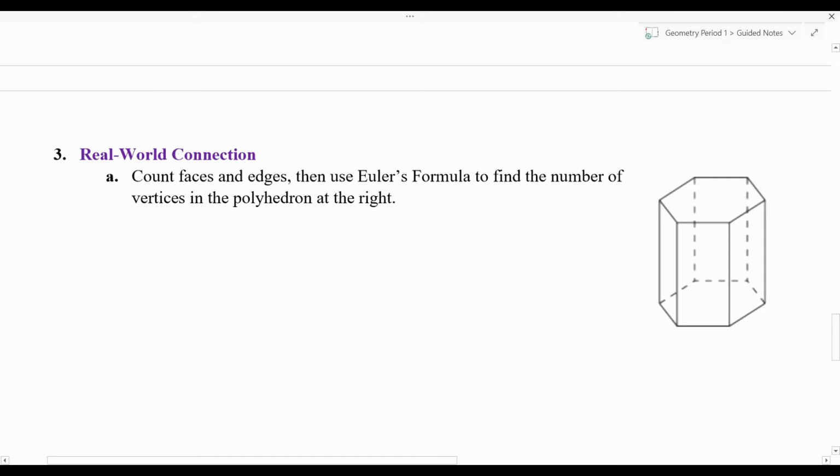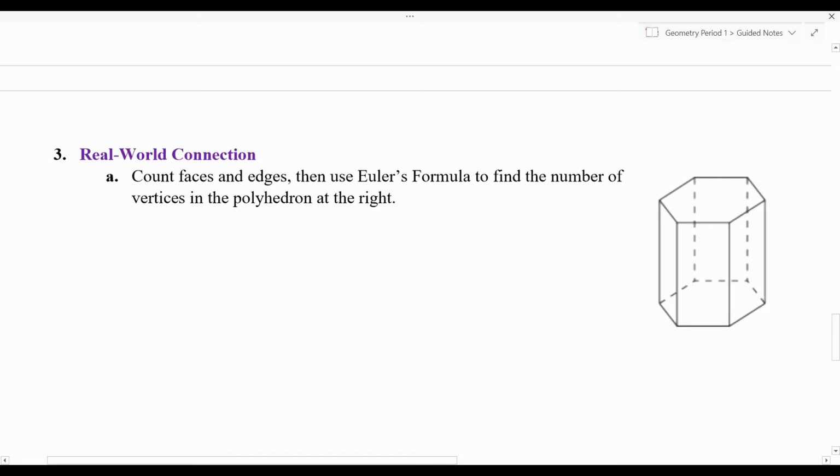All right. So it says, count faces and edges, then use Euler's formula to find the number of vertices in the polyhedron on the right. All right. So let's take a look at this. We need to find the number of vertices in the polyhedron.